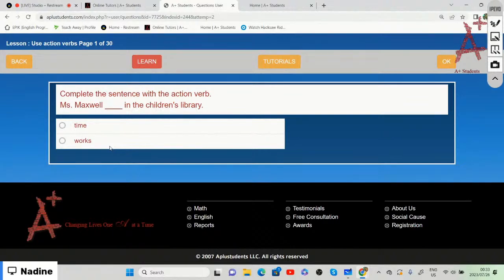We need to choose the best possible action verb between "time" and "works" that shows the action that Miss Maxwell does. We need to choose the best possible answer to complete the sentence that shows the correct action that Miss Maxwell does.